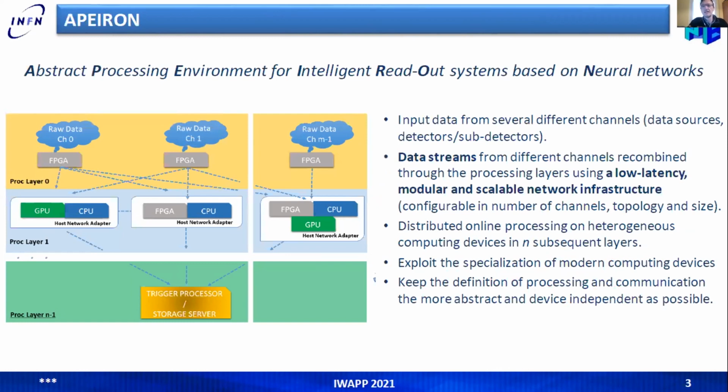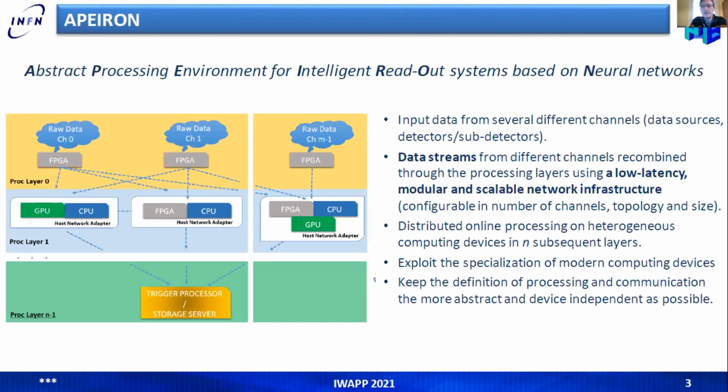Okay, let's start with the Apeiron project. This is an INFN project we started in the past year. The aim of this project is to study and develop a distributed heterogeneous platform in which we can process and recollect data streams from different data sources.